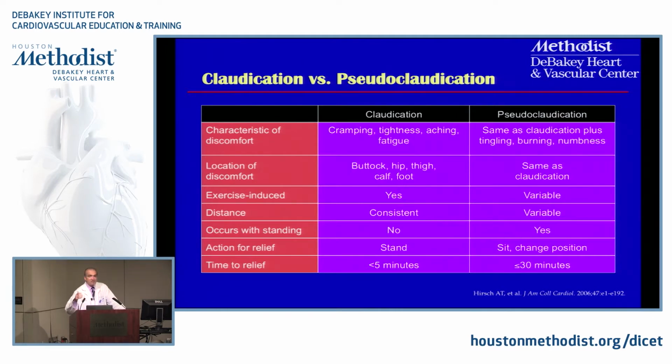To some extent, that location can also give you an idea of what the anatomic location of the lesions are going to be, with buttock, hip, and thigh pain more commonly being associated with aortoiliac disease, whereas calf and foot would more commonly be associated with femoral level disease or further downstream.